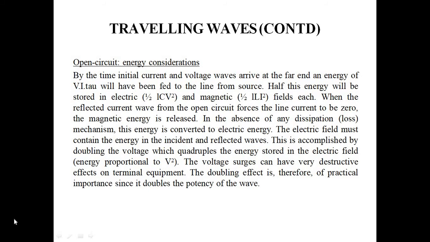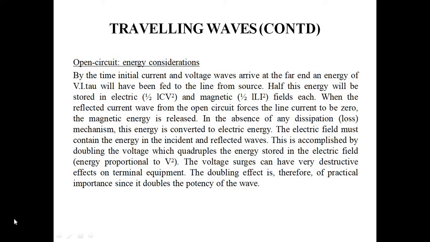Traveling waves continued. Open circuit energy conservation: by the time the initial current and voltage wave arrive at the far end, energy VIT will have been fed to the line from the source. Half this energy will be stored in the electric field, 1 by 2 CV squared, and half in the magnetic field, 1 by 2 Li squared.